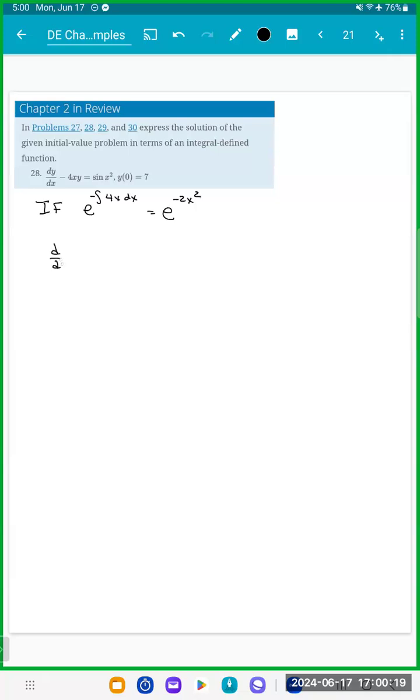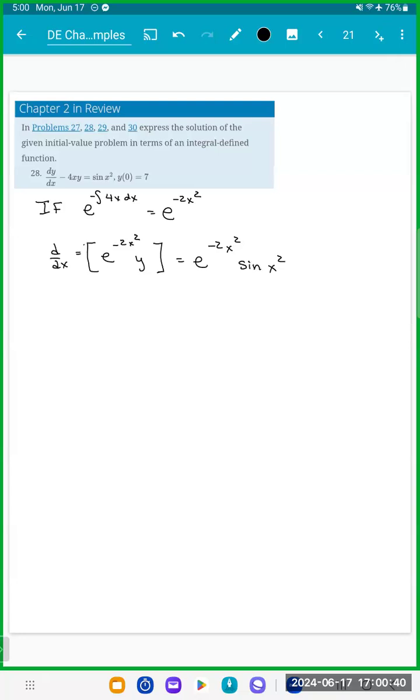So d/dx is equal to, we have the integrating factor times y, which is e to the negative 2x squared, sine x squared.